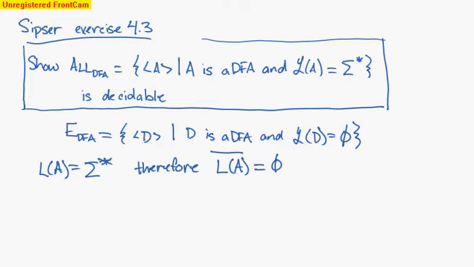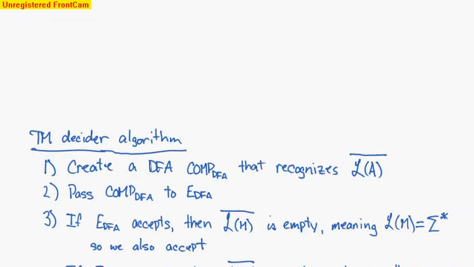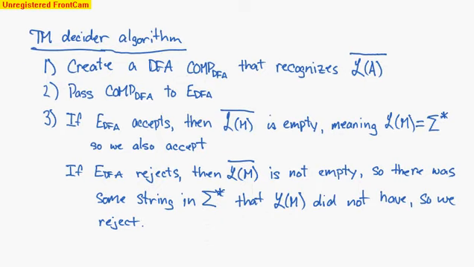So how do we design a Turing machine that will actually do this? Let me scroll down here. In this algorithm, we have to create a DFA, we'll call it CompDFA, that recognizes the complement of the language of A. We'll pass this DFA to E_DFA to determine if it's empty.